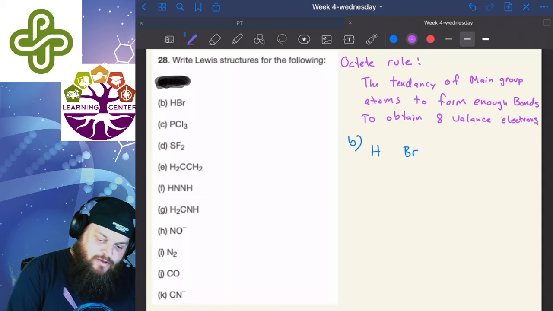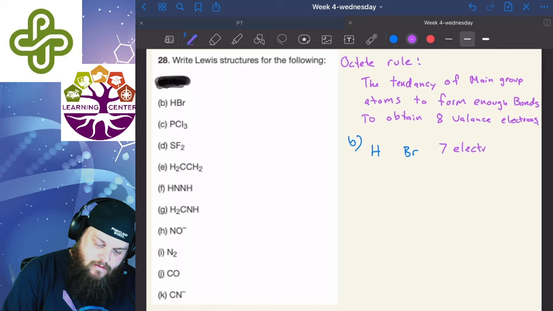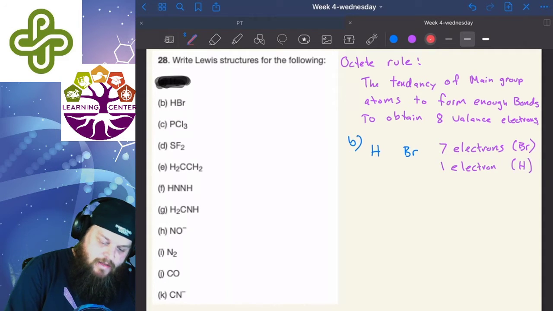I would just draw those on there, but I can list them first. 7 electrons coming from bromine, and then there's 1 electron from hydrogen.